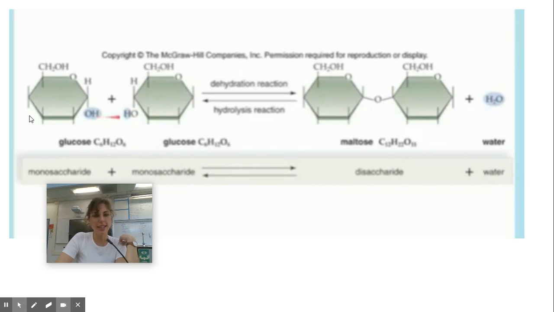What you see here is the OH group on one of the monomers and the H group on another one of the monomers. We lose those. We dehydrate them, right? We take one water molecule away, and in doing so, it undergoes a dehydration reaction.